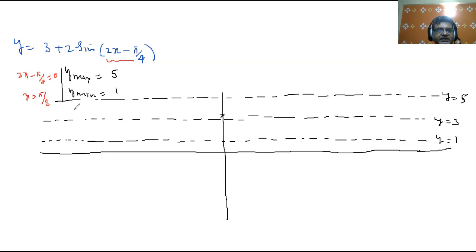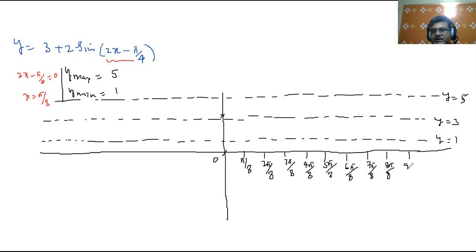Now we'll plot everything in terms of pi by 8. So it is 0, pi by 8, 2 pi by 8, 3 pi by 8, 4 pi by 8, it is 5 pi by 8, it is 6 pi by 8, it is 7 pi by 8, it is 8 pi by 8, it is 9 pi by 8.